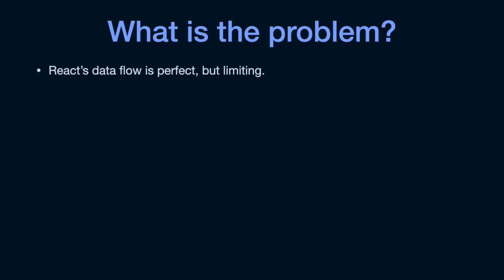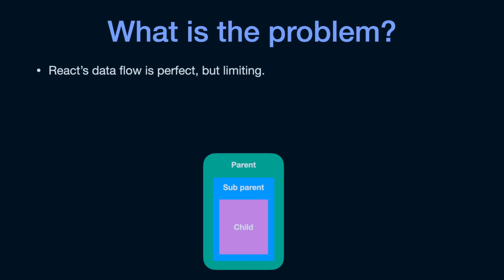If you've been subscribed to this channel, you have seen this diagram multiple times, but let's go through it again. In React, we have a component tree. In the component tree, we have the parent component, a sub-parent component, and then a child component. The state lives in the parent component, which is sometimes called the container.